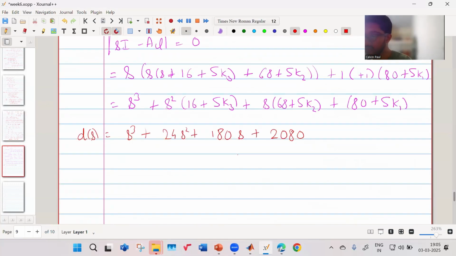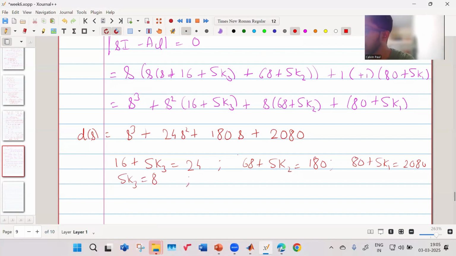So when we compare, what do we get? 16 plus 5k3 is equal to 24. 68 plus 5k2 is equal to 180. 80 plus 5k1 is equal to 2080. So we get 5k3 is equal to 8. 5k2 is equal to 180 minus 68, which I think is 112. And 5k1 is 2000.